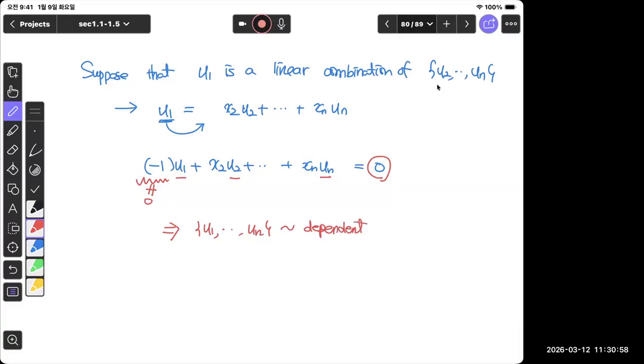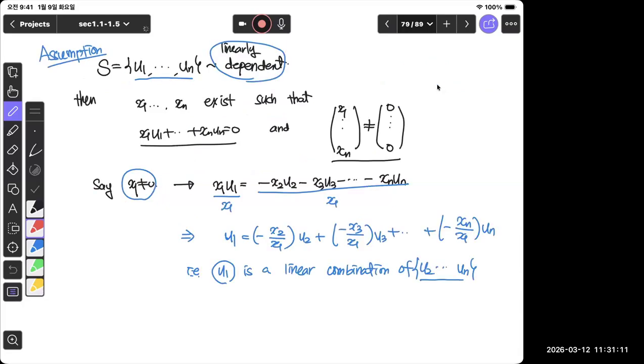So if I assume that some vector is a linear combination of the other vectors, then the collection of these n vectors will be dependent. And previously, I considered the converse. When a set of n vectors is linearly dependent, then some vector will be a linear combination of the other vectors.